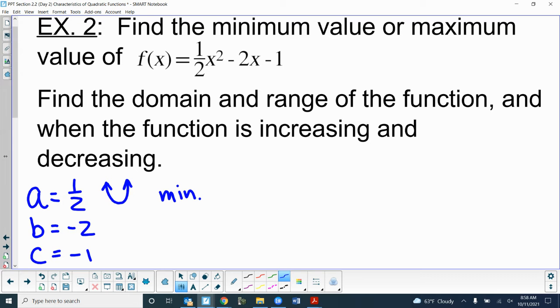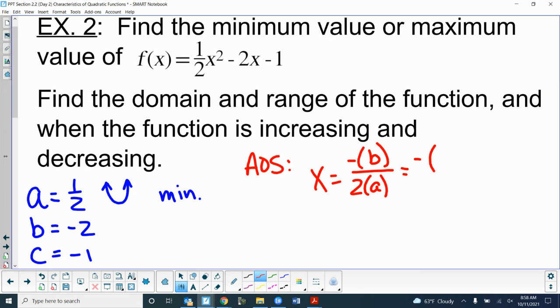All right. So to find my axis of symmetry, remember we're going to use this formula, right? So B was what? -2. A was 1/2. What happens to the negative 2? Positive. What's 2 times 1/2? What's 2 divided by 1? 2.